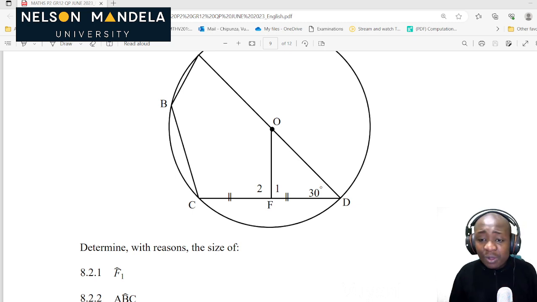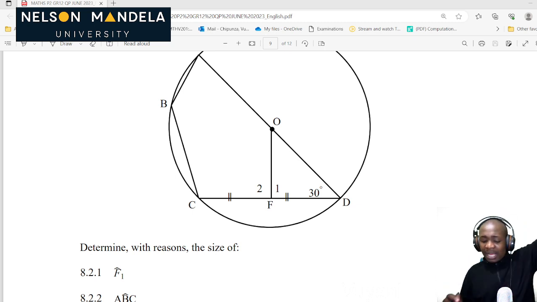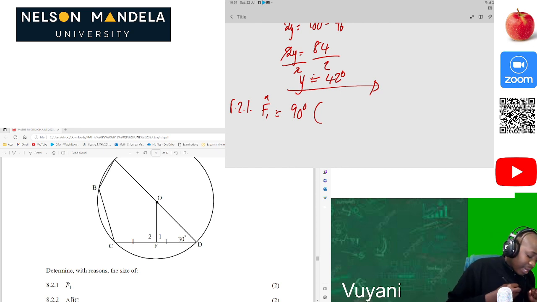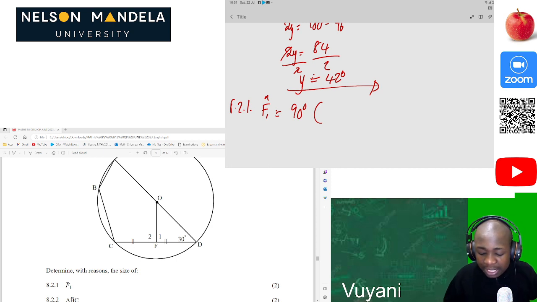Why is F1 equal to 90 degrees? Because a line from the center bisects the chord. That's already easy, because we can see what we are dealing with. F1 is equal to 90 degrees because we have already seen that CF is equal to FD. Those two sides are equal to each other.